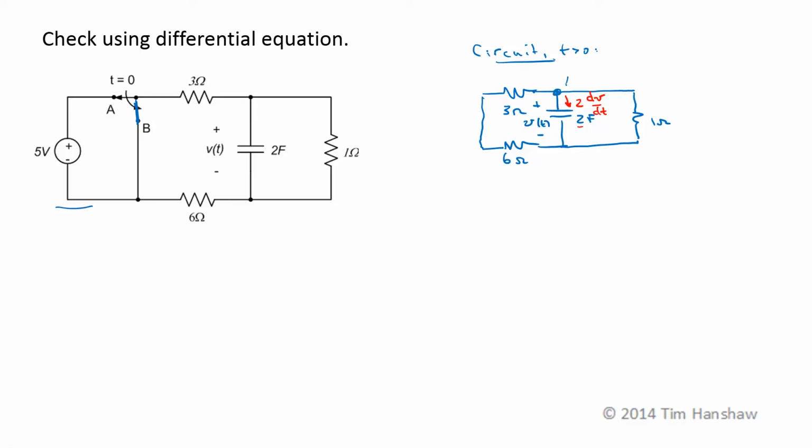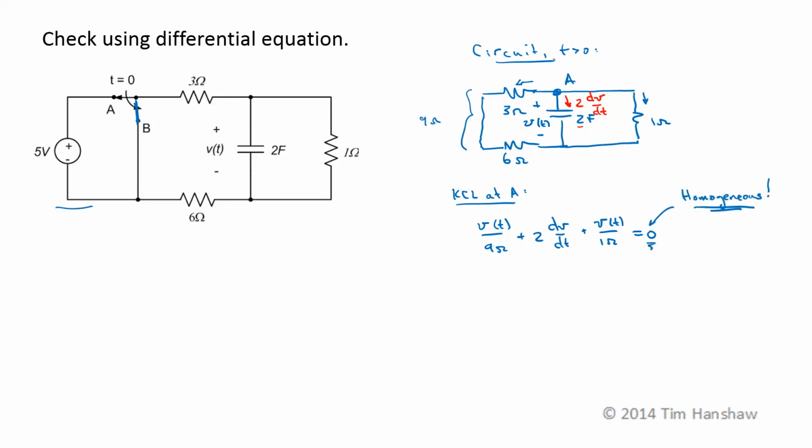Let's do KCL up here at node A. I can combine these into an equivalent 9 ohm resistor on this side of the capacitor. So the current through here is going to be V of t over 9 ohms, plus the current through the capacitor is 2 dV by dt, plus this current here is going to be V of t over 1 ohm. That equals 0.